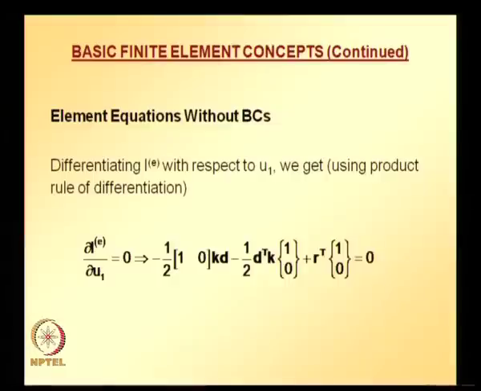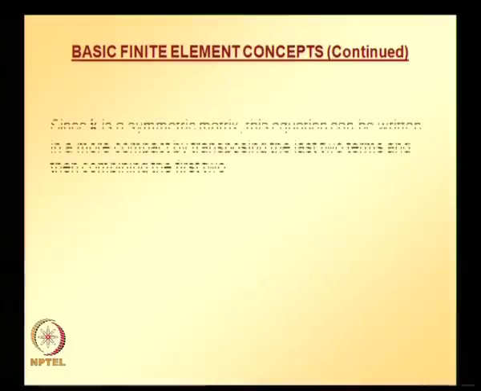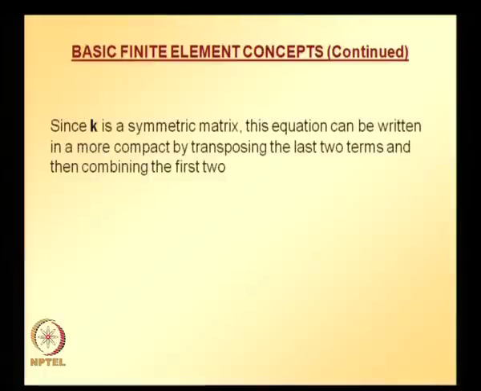So, I will transpose the last two terms, that is half d transpose k times the vector [1 0], plus r transpose [1 0], and then add them to the first two terms. Since k is symmetric, this equation can be written in a more compact form by transposing the last two terms and then combining the first two. This is possible only because k is a symmetric matrix.